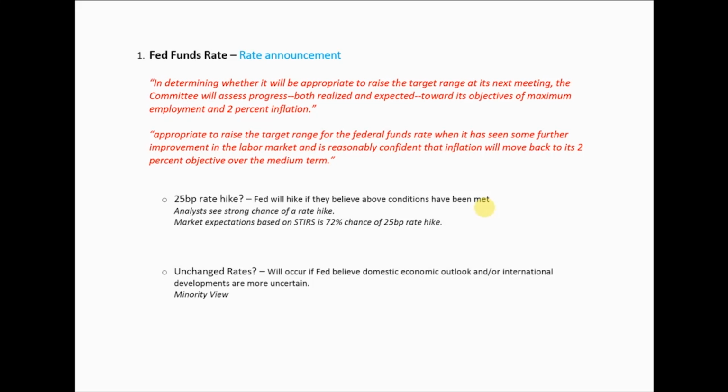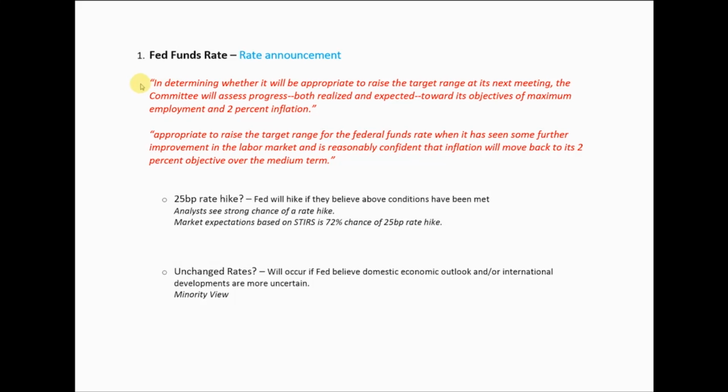So the Fed funds rate, and in blue on these slides I've put where they should come up. The Fed funds rate will ultimately be a rate announcement, and in the statement is where you might find any rhetoric regarding it.